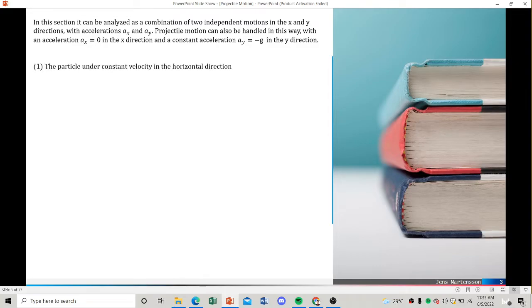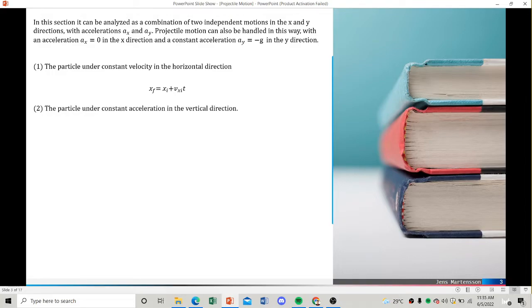For the particle under constant velocity in the horizontal direction, we have this equation from the three kinematic equations: x final equals x initial plus the initial velocity in the x direction times time.